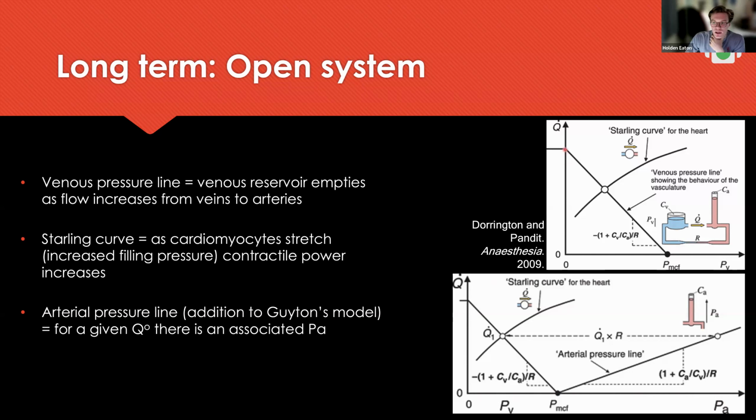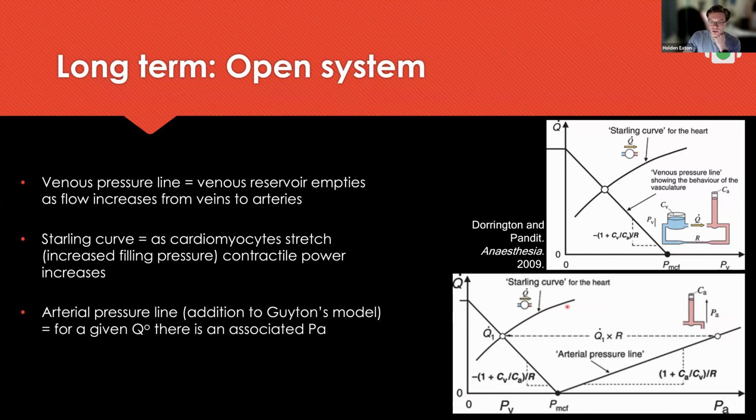The venous pressure line is this line here, and this represents the fluid in the venous system. As cardiac output increases, so you move up this line, you get a reduction in venous volume. More blood is pushed across into the arterial system, so you come down the PV line, down the pressure in the system. That's how you get that shape.